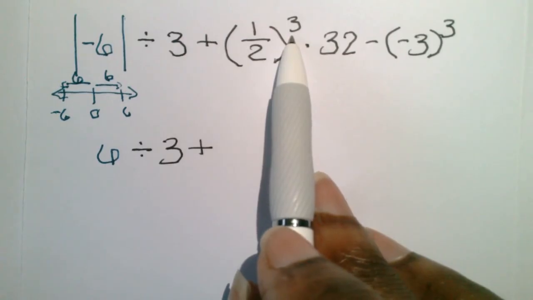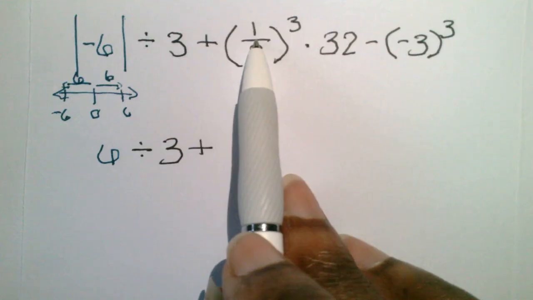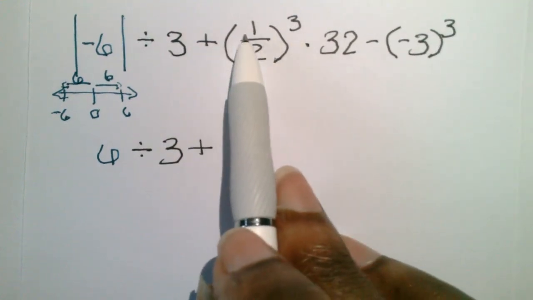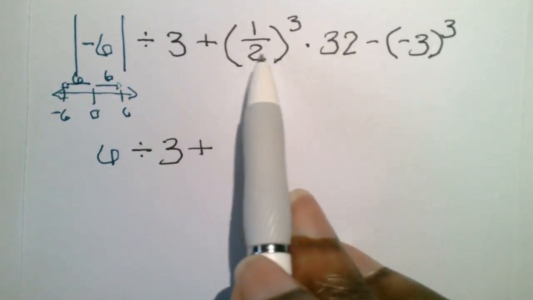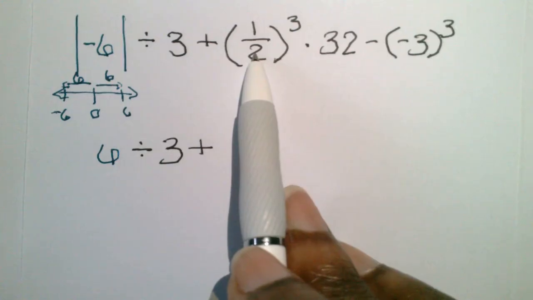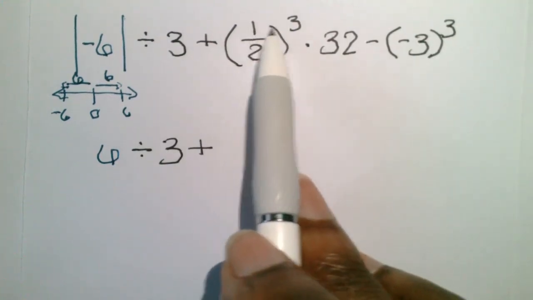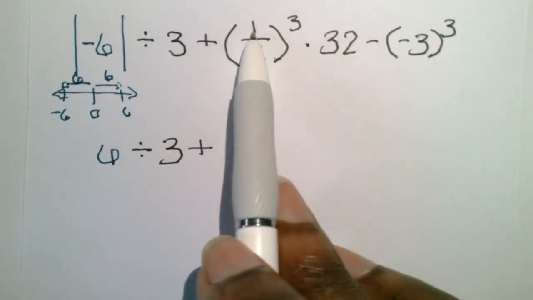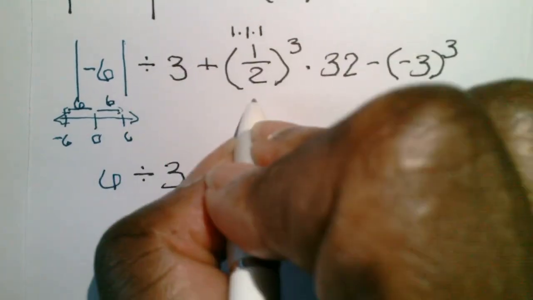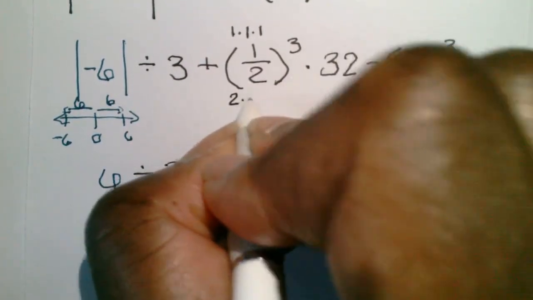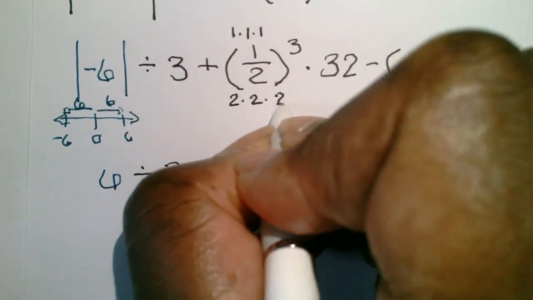That means we're going to raise everything, the 1 and the 2, to the third power. So this doesn't mean 1 times 3. Okay? This here is saying 1 times 1 times 1. And down here is saying 2 times 2 times 2.